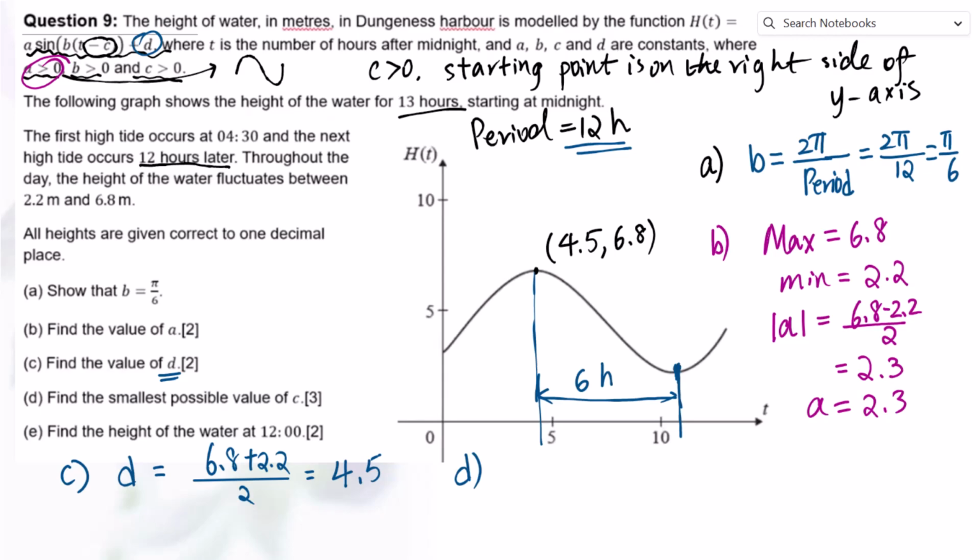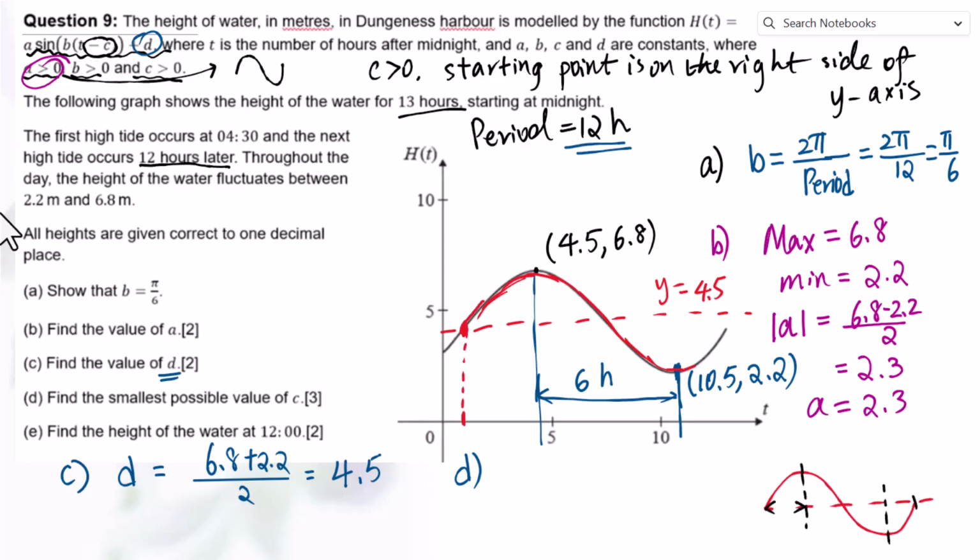So the coordinates of this minimum point is (10.5, 2.2). Draw this midline, y equals 4.5.